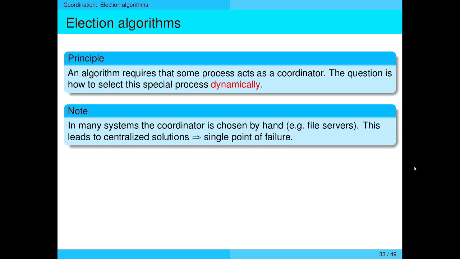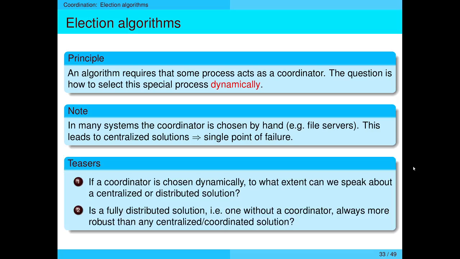So how can this be done? If a coordinator is chosen dynamically, to what extent can we speak about a centralized or distributed solution? Is a fully distributed solution, one without a coordinator, always more robust than any centralized or coordinated solution?